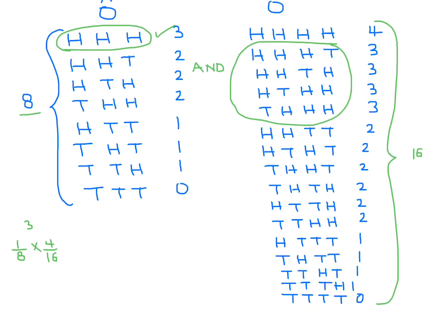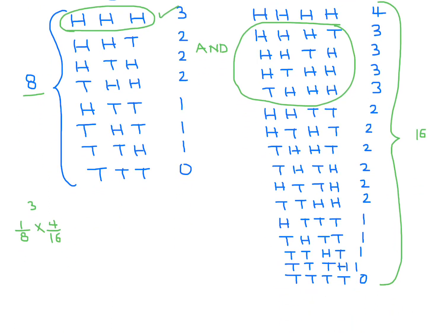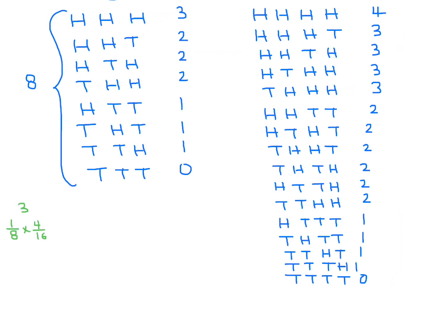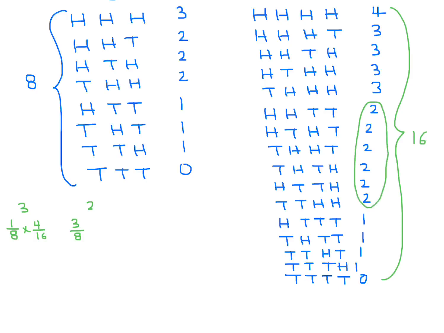Okay? So in a very similar way, let's do 2 heads. Now, 2 heads from this scenario over here, there's 3 possible ways. So I've got 3 over 8 for 2 heads. And then over here, I've got, let's see, 1, 2, 3, 4, 5, 6 ways. 6 ways of getting 2 heads.